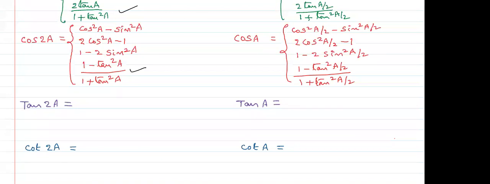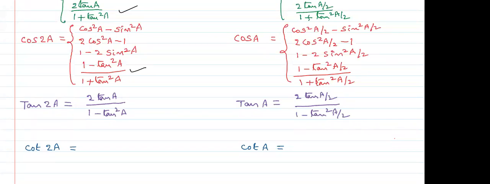We get the tan 2a formula, that is 2 tan a divided by 1 minus tan square a. Now, how to remember it? Submultiple angle formula, tan a. So, take the half of the angle: 2 tan a by 2 divided by 1 minus tan square a by 2.